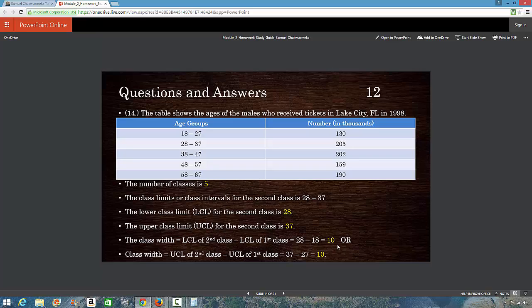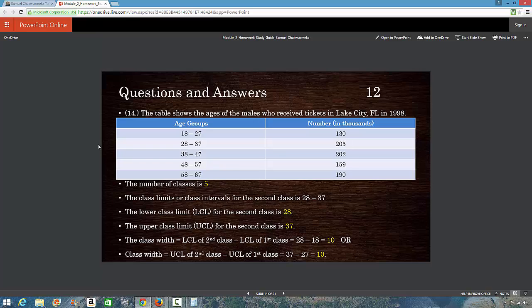There is another method to find class size or class width, and that is what we call class boundaries. For instance, the class boundary of the 1st class is 17.5 to 27.5. So the class width would be 27.5 minus 17.5.